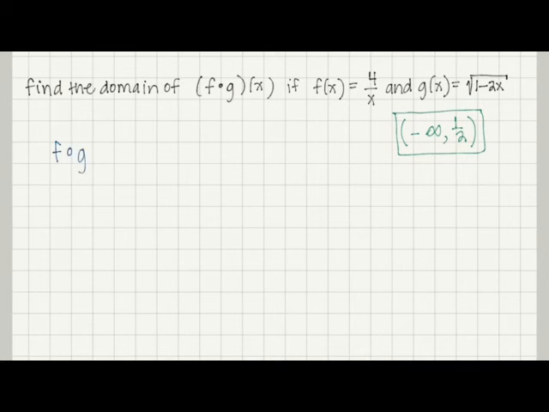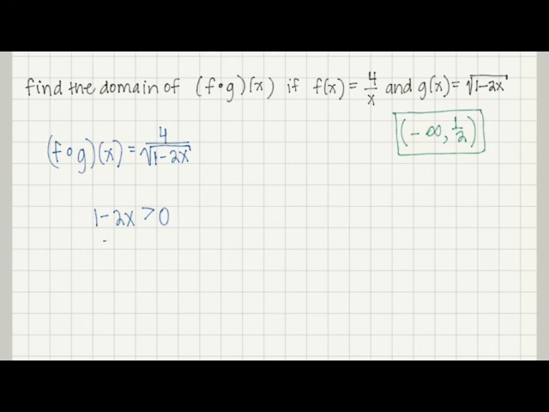F of g of x is equal to 4 over the square root of 1 minus 2x. And then going through what we did in the previous problem, we know that the radicand, 1 minus 2x, has to be non-negative, but because it's in the denominator, it cannot be 0. So 1 minus 2x has to be greater than 0. We want to keep it positive, but not 0.